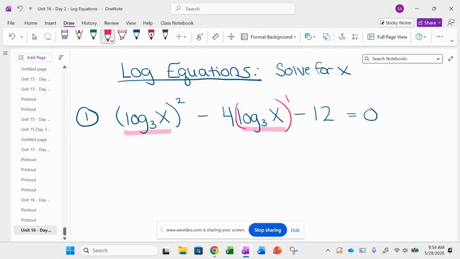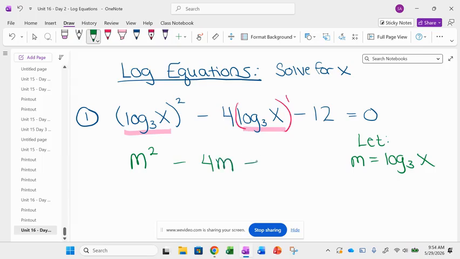But I'm not going to factor like this. I'm going to use substitution. So I'm going to let m equal log base 3 of x. So if I'm letting m equal log base 3 of x, what I end up having is m squared minus 4m minus 12 equals 0.